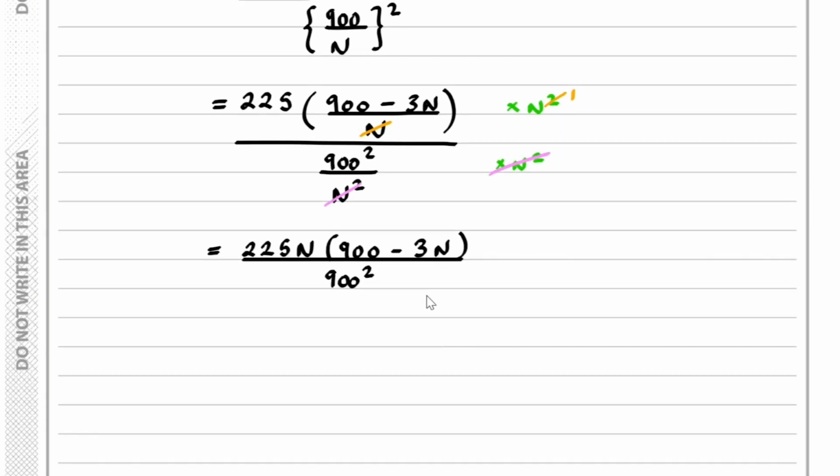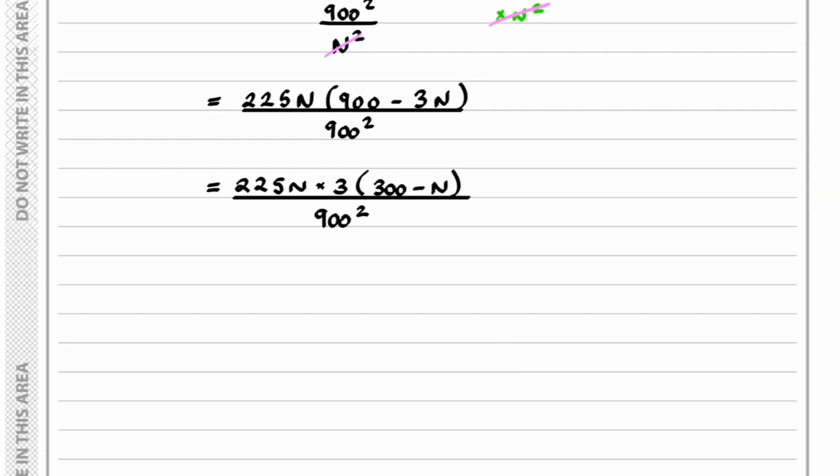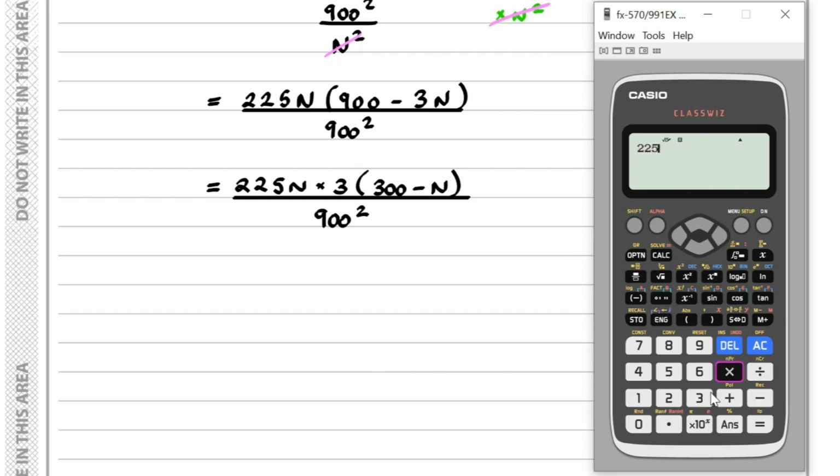And if I take out a 3 as a common factor, I've got 225n multiplied by 3 multiplied by 300 minus n over 900 squared. So if I work out what this is, I get 1 over 1200.